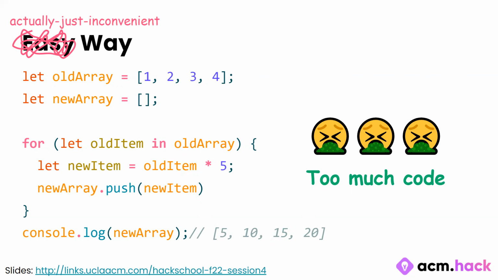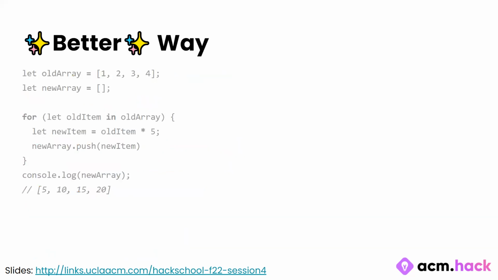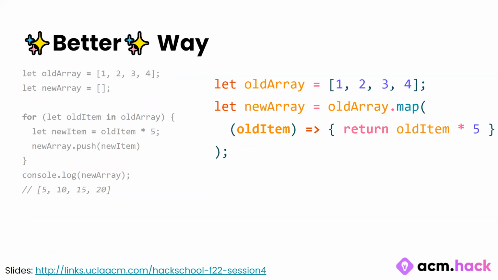Okay, and there is actually a better way to do this, specifically for when you want to create a new array from an old array, and these values are somehow related. Okay, so I'm gonna take this code, I'm gonna put it aside for now, and I'm gonna show you the better way, and then I'm gonna explain it. This is the better way.